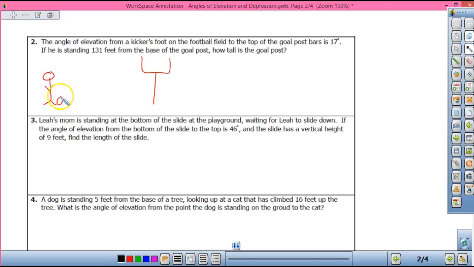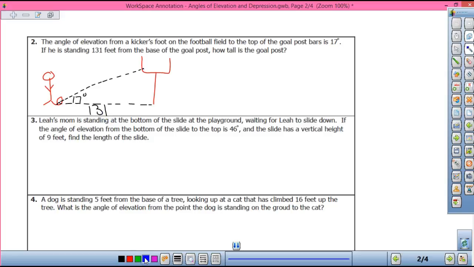So my angle of elevation to the goalpost is what? 17 degrees. How far is he from the base of the goalpost? 131 feet. So where does that go? On the bottom, yeah? 131 feet.